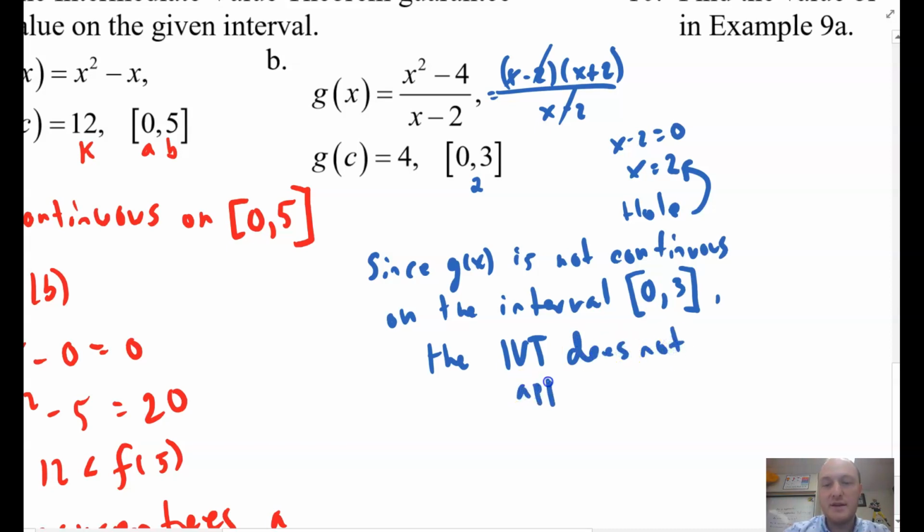We can't guarantee anything because we have a hole there. So if your first condition fails, then the IVT doesn't apply.